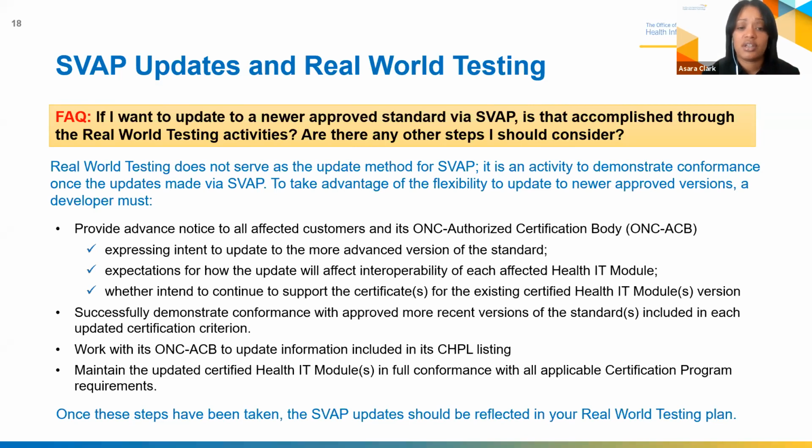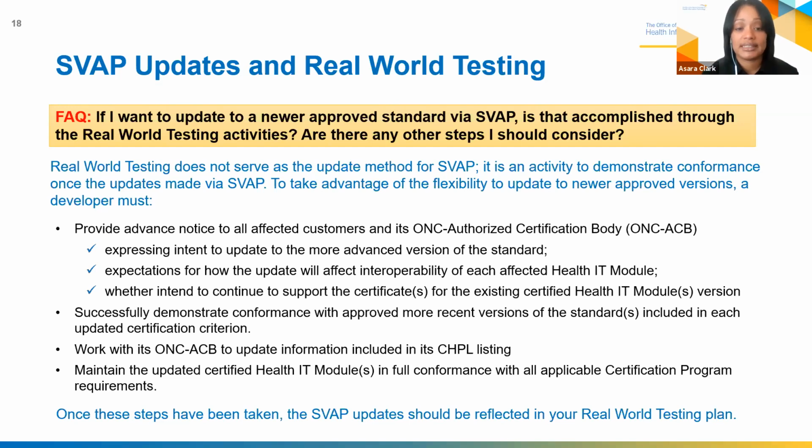You have to successfully demonstrate conformance with the approved more recent version via real world testing. That's how this relates to real world testing: you go out and determine that in a real world environment, with these updates, your functionality is still there and you remain conformant to the certification requirements.